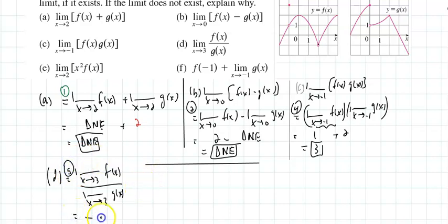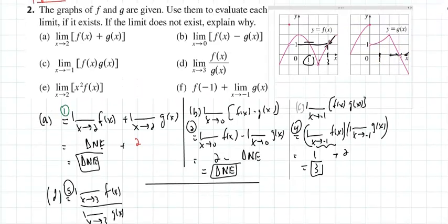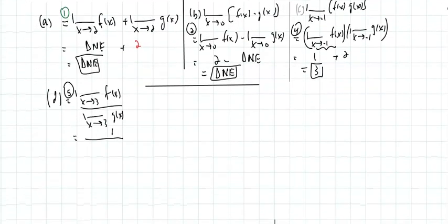If I look at the limit as x approaches 3, there is 1, 2, 3 is right there. From the left is a 1, from the right is a 1, that is a 1. For g, there's 1, 2, 3. From the left it's 0, from the right it's 0. So I will get 1 over 0, and 1 over 0 means does not exist. And that was the condition on part D.